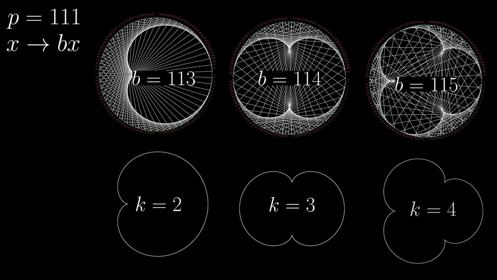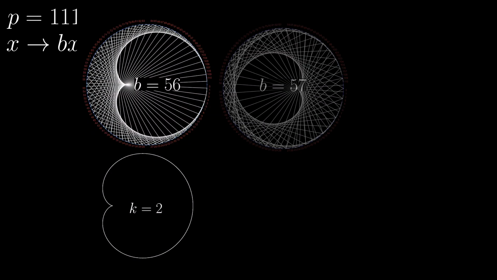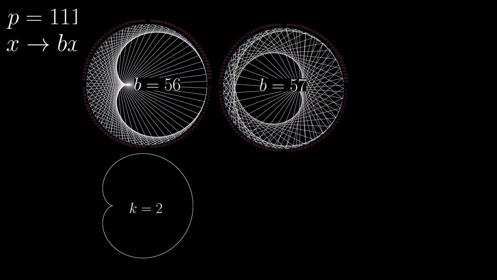Later, I found that nice things happen when b is near some divisors of p. For example, when b is nearly half of p, familiar diagrams occur again. When b is 56, a very nice cardioid occurs. How about 57? Beautiful.